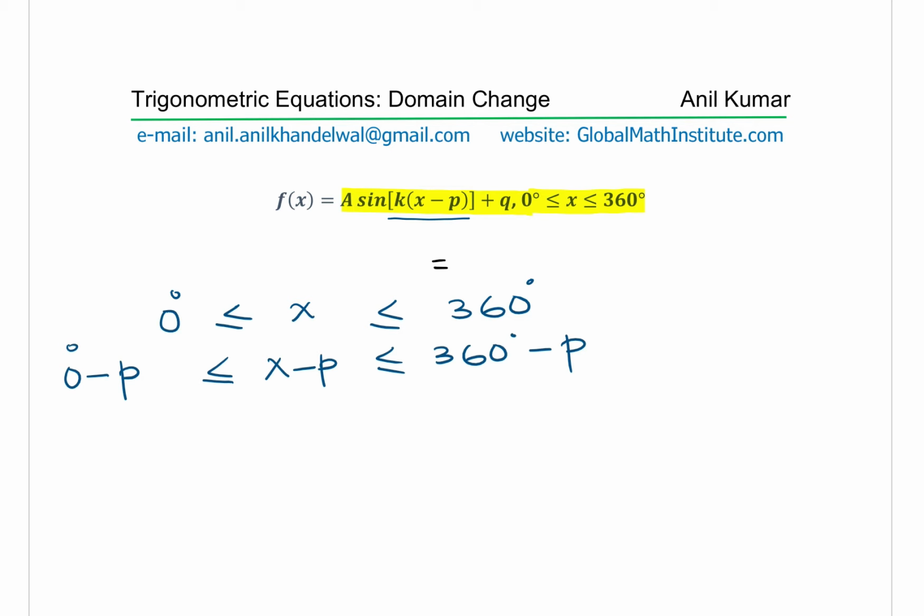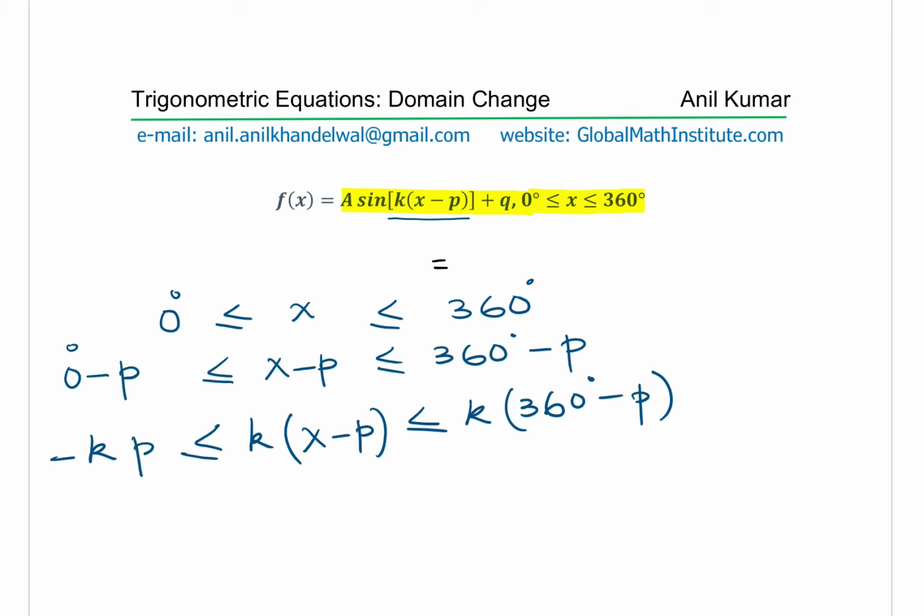Now we have to multiply by k. So when you multiply by k, we get k times x minus p, and here we get k times 360 degrees minus p. And on the left side, we have minus k times p.